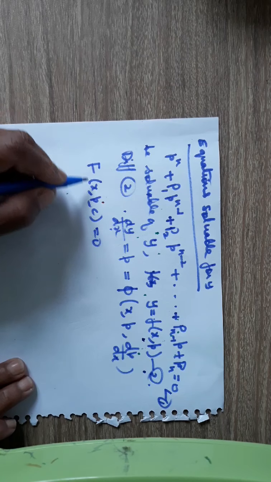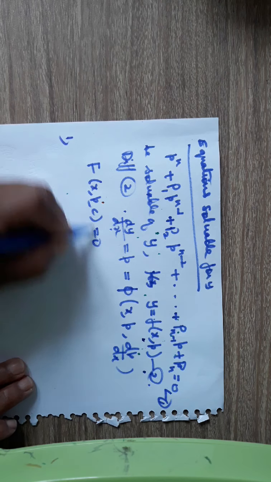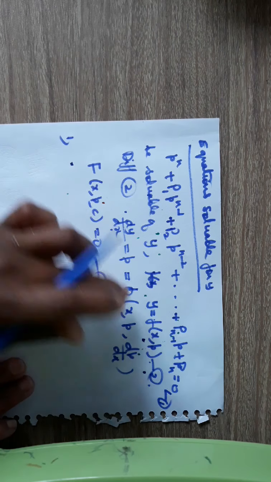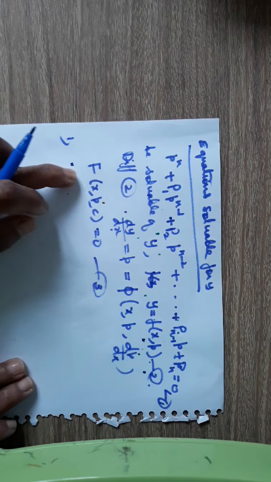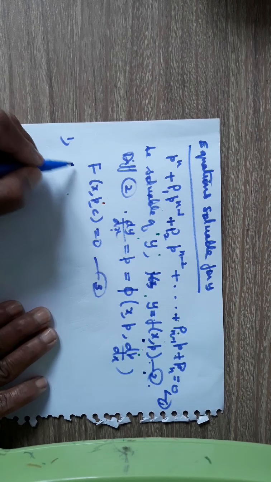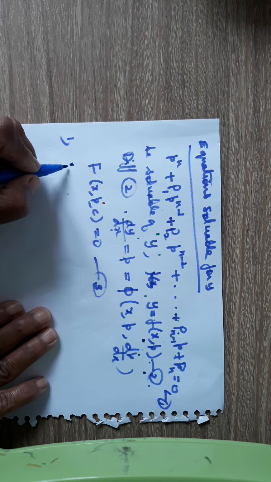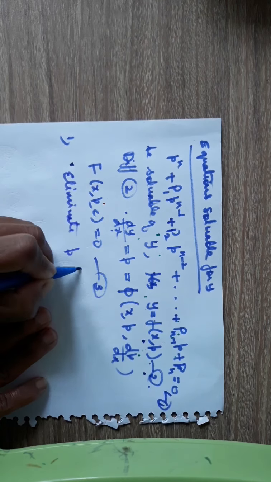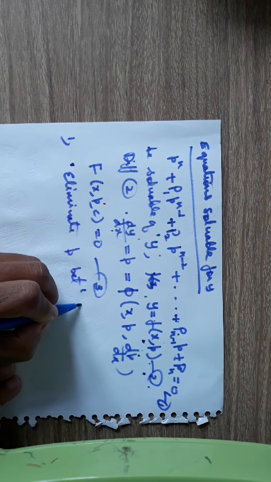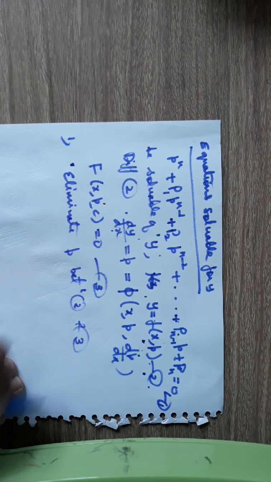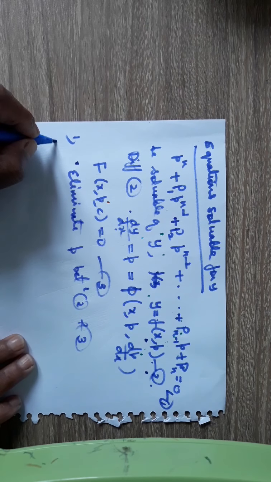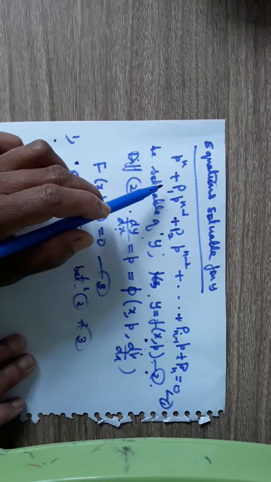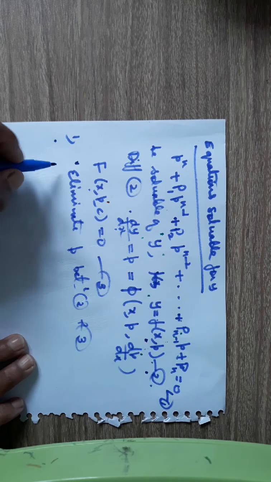Name this as equation 3. You eliminate p between 2 and 3 to obtain a solution which contains x, y and c only.